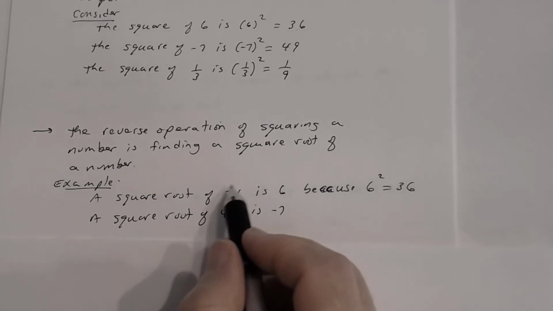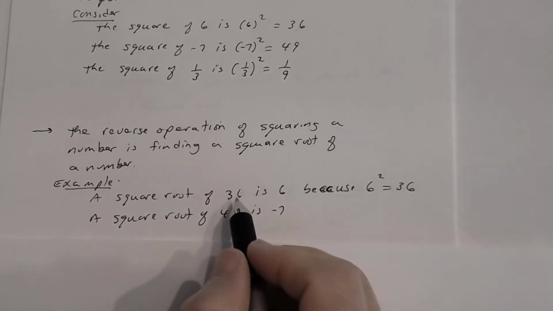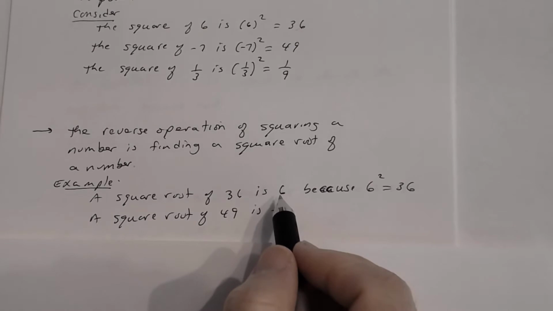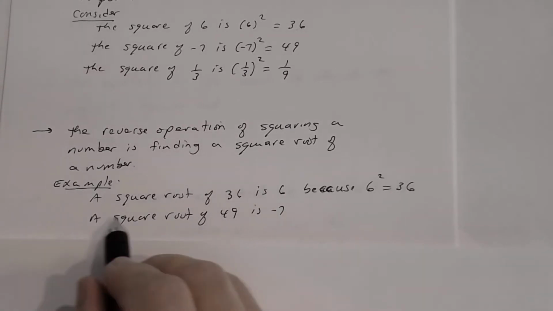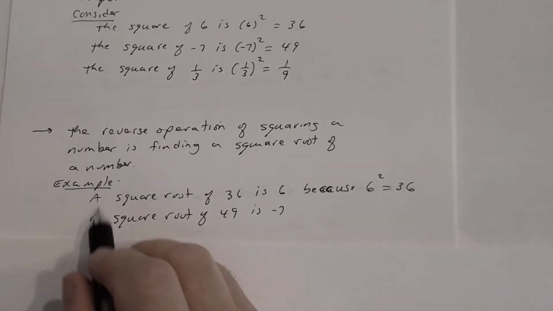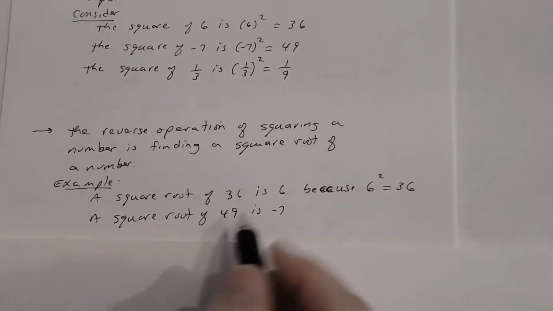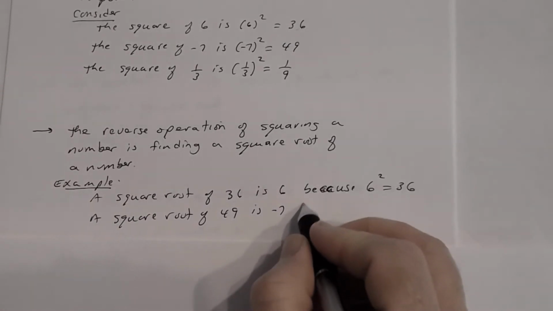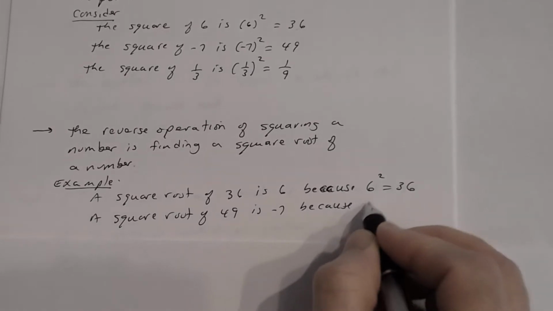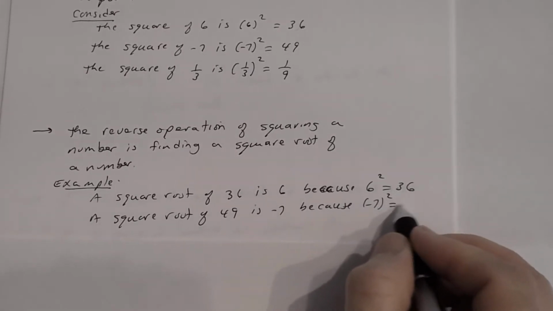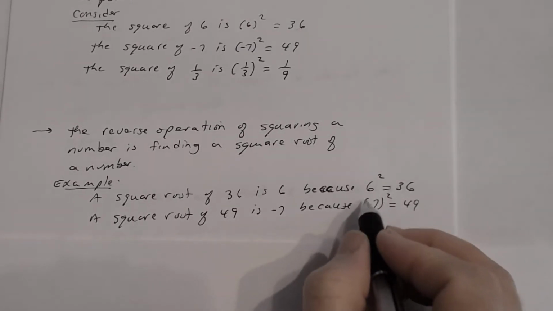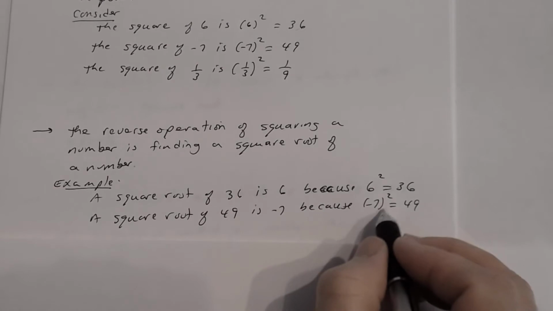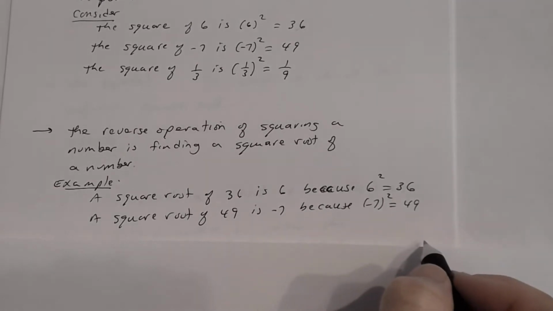Same thing here: one of the square roots of 36 is 6. What's another square root of 36? -6, because -6 times -6 is 36. Notice I'm just using the word A, singular. So a square root of 49 is -7 because -7 times itself is 49. If I take the square root of 49, I get the base, which is negative 7.